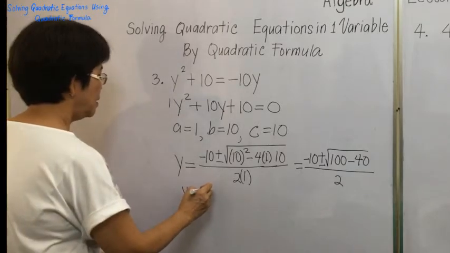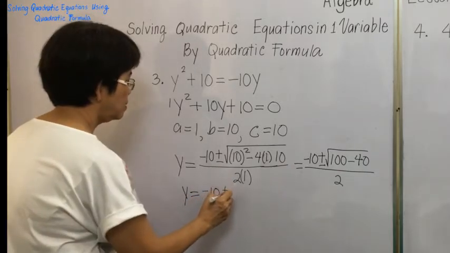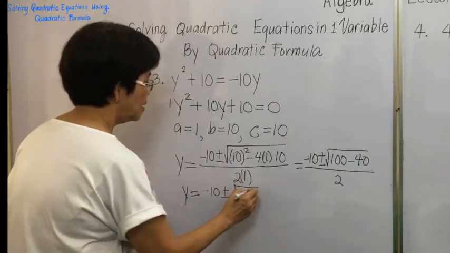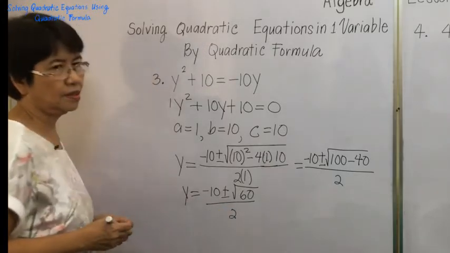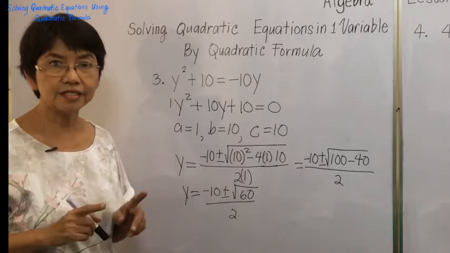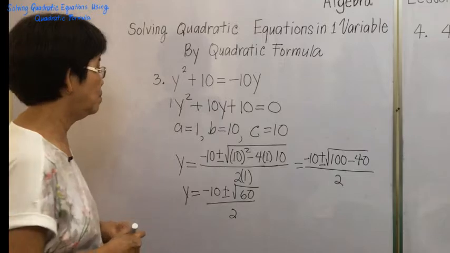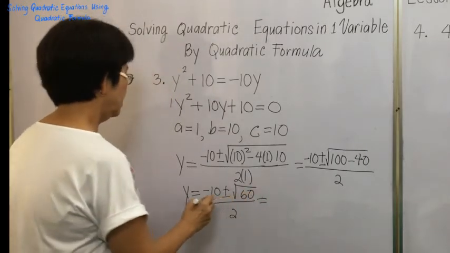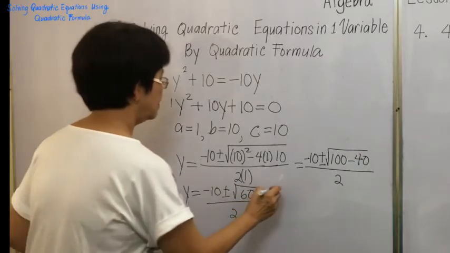So we have y equals negative 10 plus or minus the square root of 60 all over 2. Now 60 is not a perfect square, but we can factor it in such a way that there is a perfect square in the factor. So we have, let's separate the fractions.